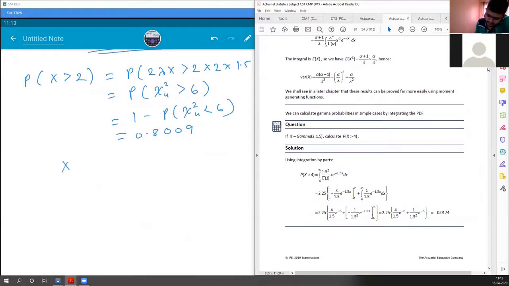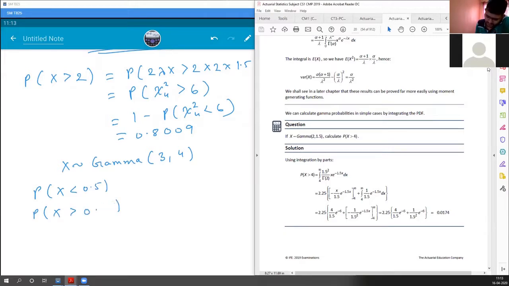I'll say x follows gamma 3, 4. Find the probability x less than 0.5 and the probability x greater than 0.75.